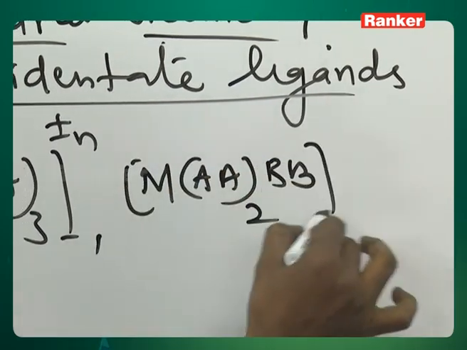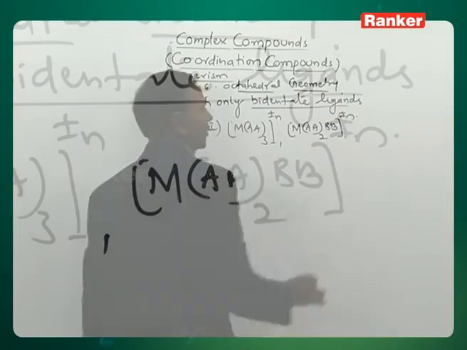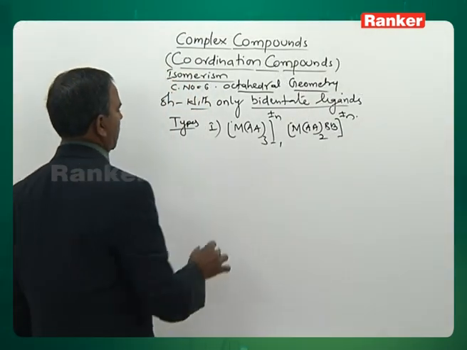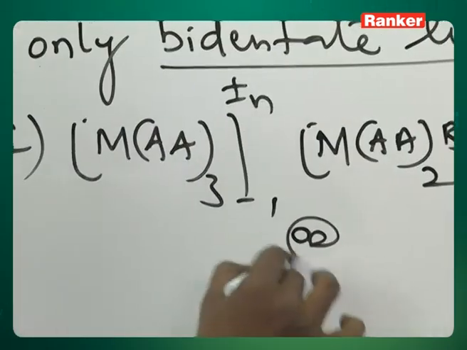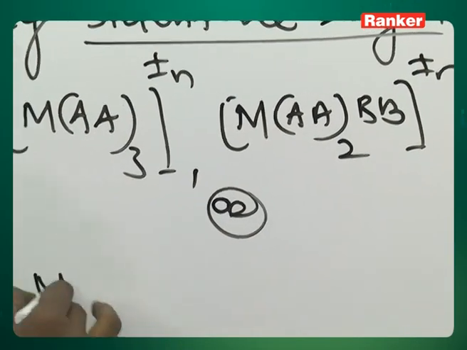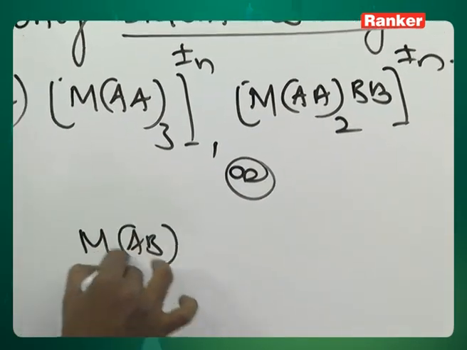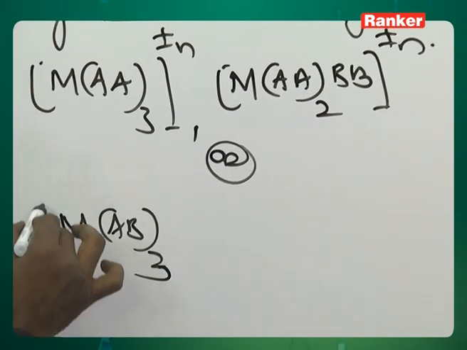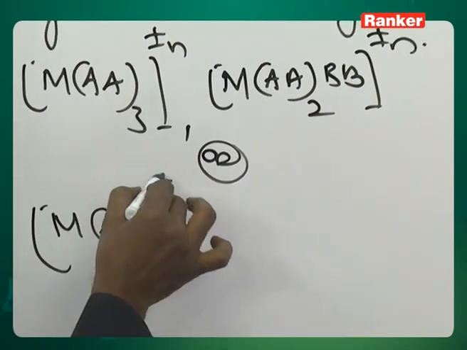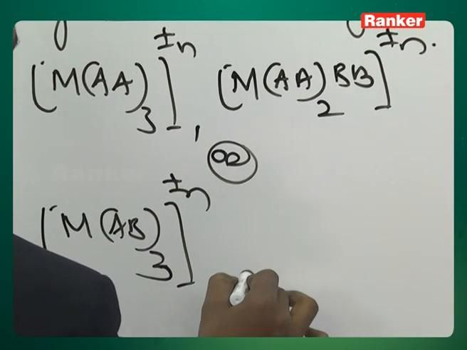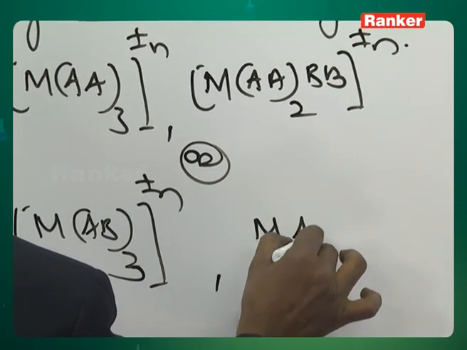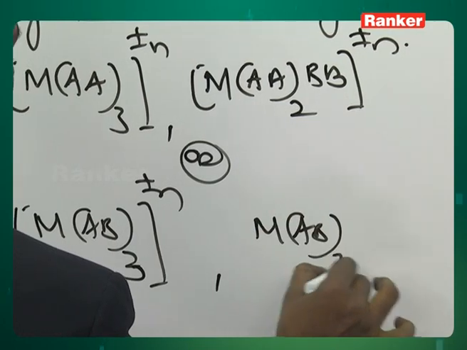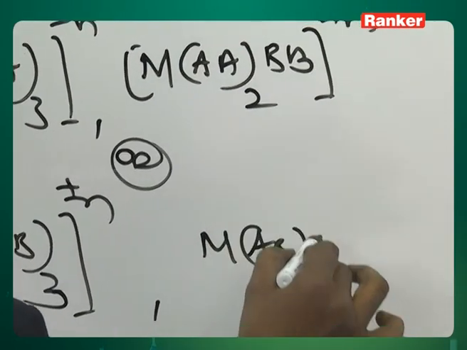Plus or minus N. Next, it may be unsymmetric bidentate. Let me write MAB taken twice, MAB taken thrice. Next, MAB taken twice, BB.